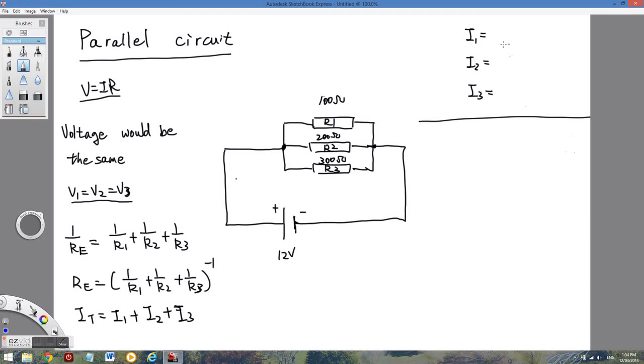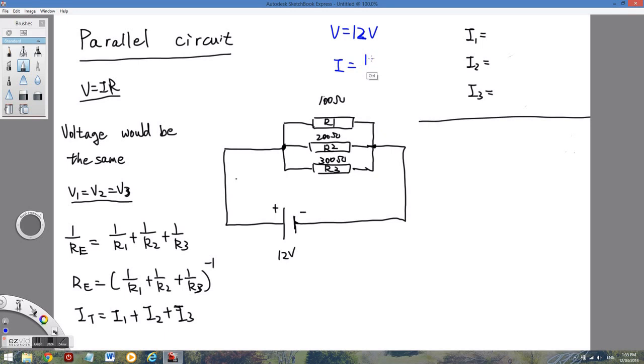Now let's do this question. What we know is the voltage across each resistor will be the same. It will be 12 volts in a parallel circuit. Now use the equation V equals IR.